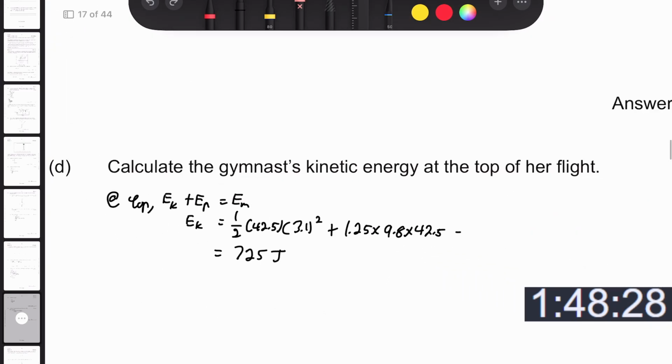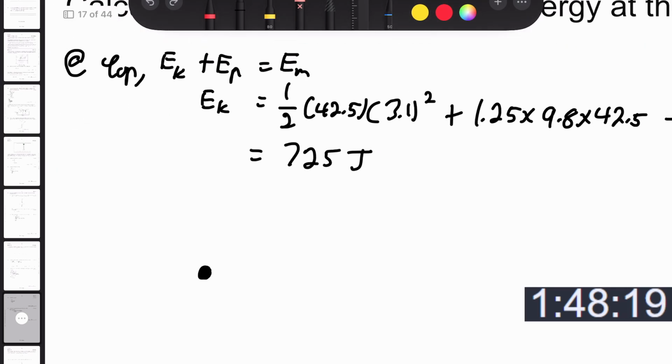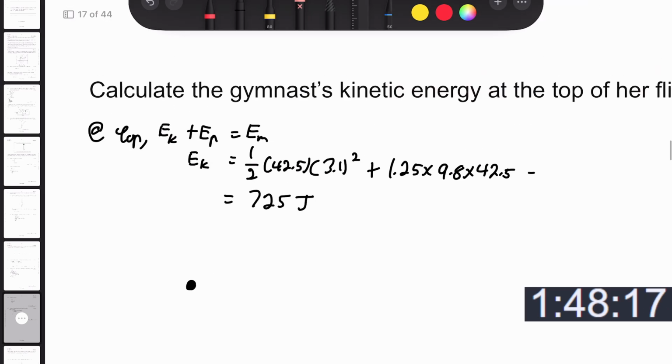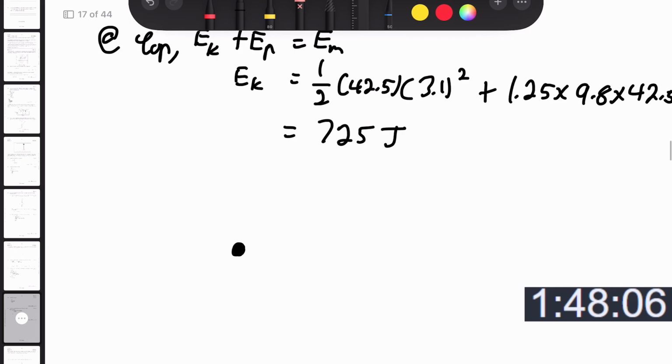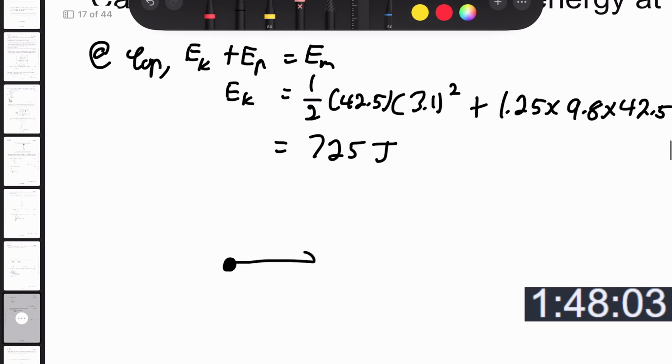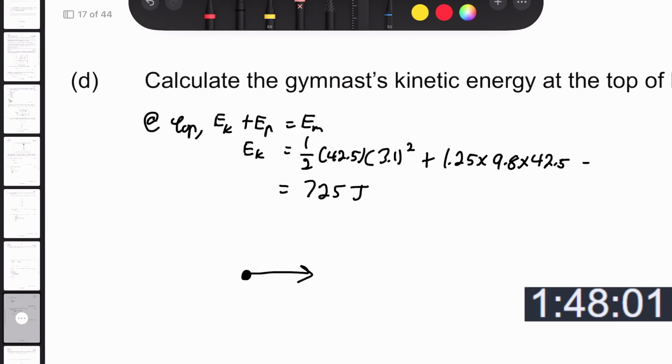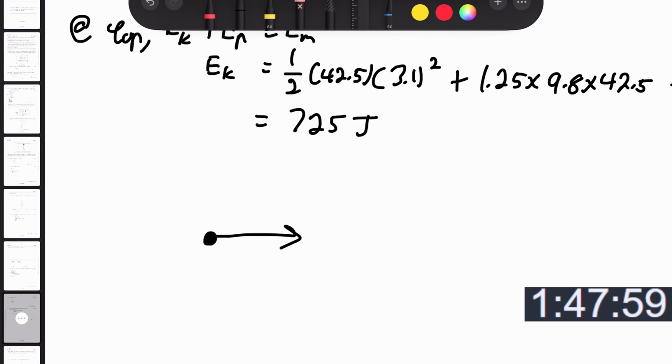So now I'm thinking, how are they expecting me to get the kinetic energy at the top of a flight? Kinetic energy, half of mv squared. Is it that at the top I don't have any downwards velocity?